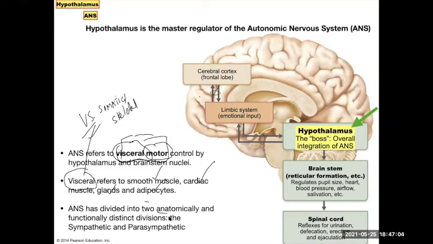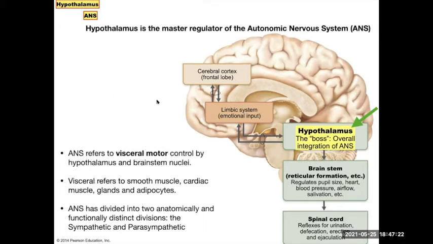This is one of those things that is very true. Even if you just looked at it, this is what you'd be observing. These are two very different pathways, but they both belong to the autonomic nervous system because they're both about visceral motor control.